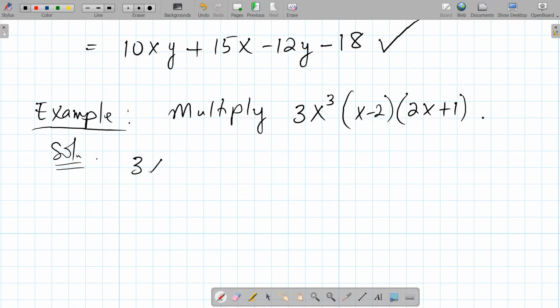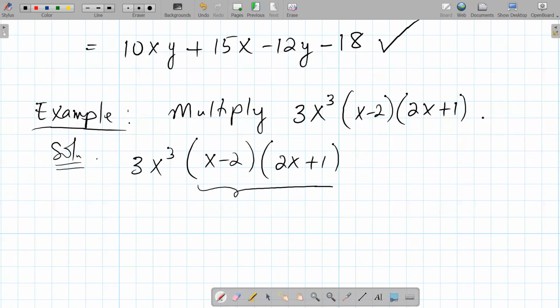You have 3x cubed into x minus 2 and 2x plus 1. So what I'm going to do is I'm going to tackle this first. I'm going to keep my 3x cubed. Tackle this first. Every item here has to multiply that. So x by that. I'll put a parenthesis or bracket.